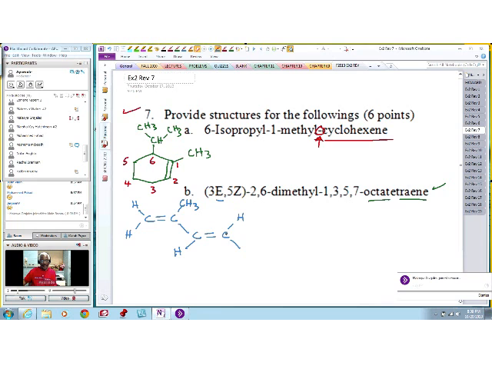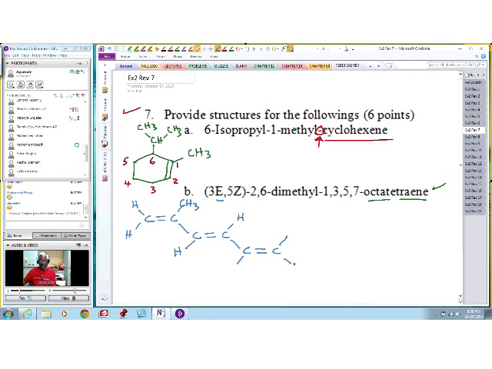That is 1, 2, 3, 4. And then position 5, another double bond, and they tell us that will be Z. So I have this here, this here, this here, and 1, 2, 3, 4, 5, 6.